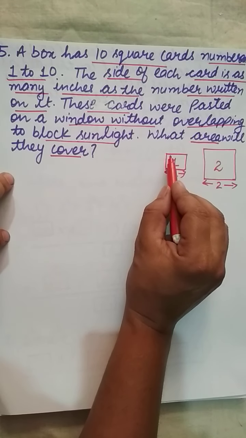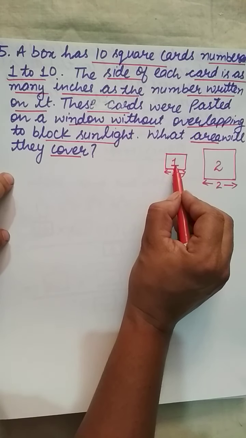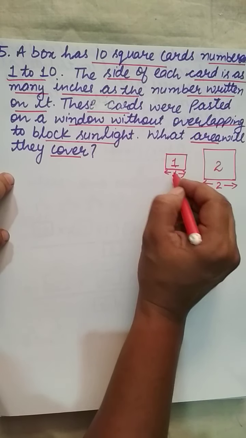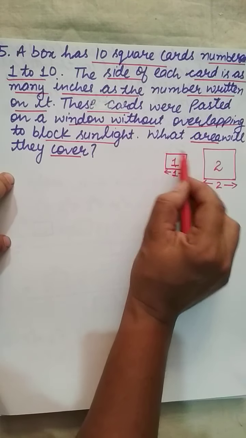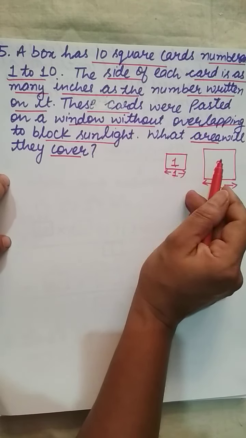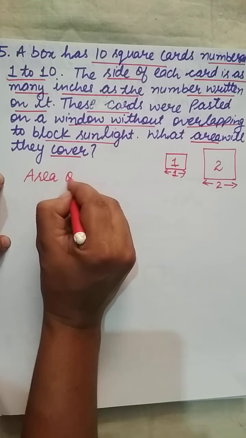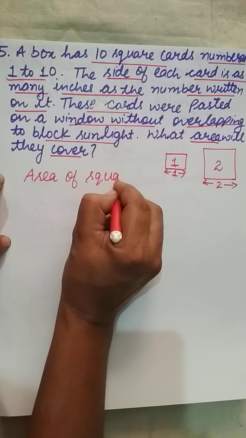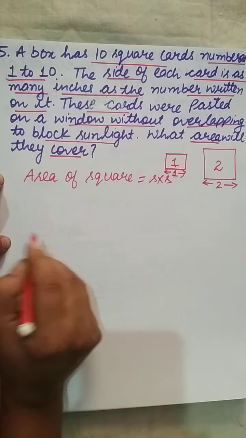Now you can see, if I have this first card, number 1 is written on it, so the side is equal to 1. If I want to calculate the area of this one only, we know that area of square is equal to side multiplied by side.